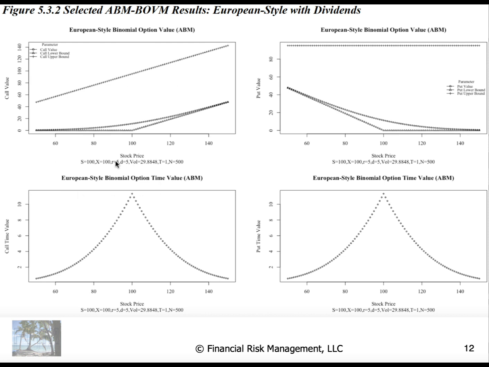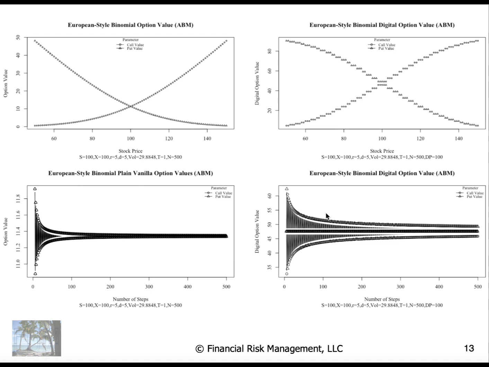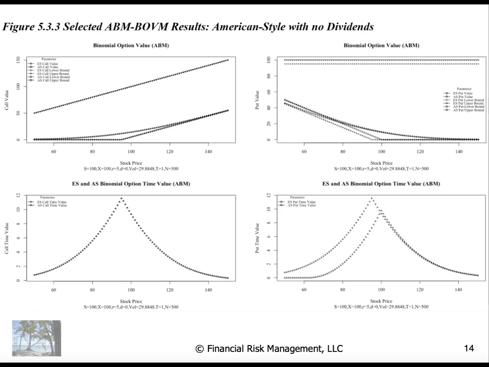That's only because the risk-free rate and dividend yields were both assumed to be 5%. And we see here that the time value feature, again, has the same symmetry. And there's numerous other statistics that we could deploy. And if you'll notice, the convergence is much cleaner for vanilla options as opposed to digitals.